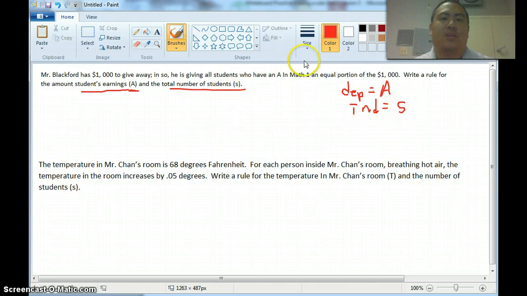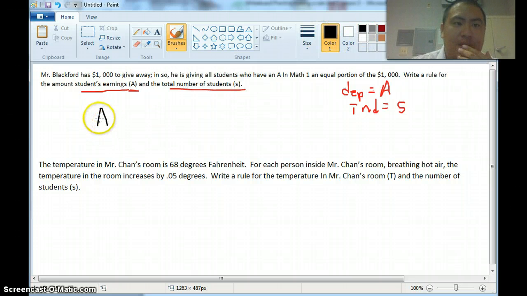Okay. All right. So what I'm going to do is make a rule for it. The dependent is typically on its own, right? The amount a student earns is just on its own. So the dependent A is equal to... Blackford has $1,000 to give away, and I'm trying to model it, thinking it through.